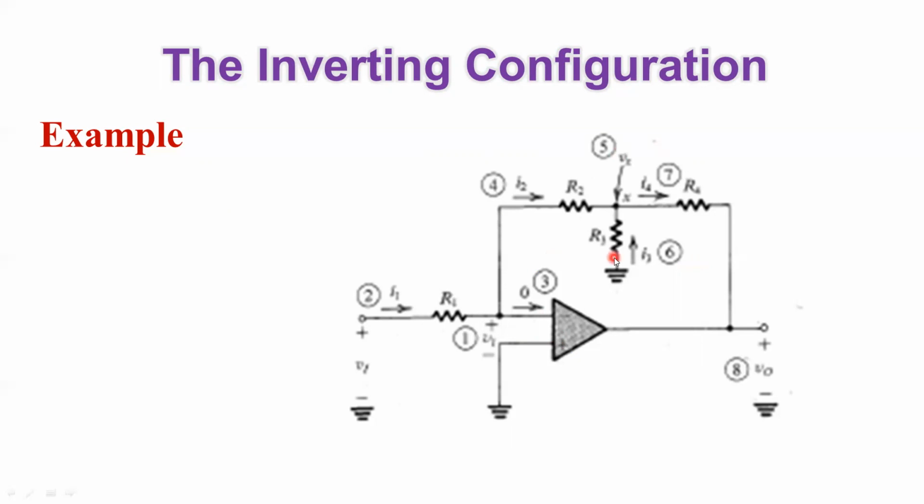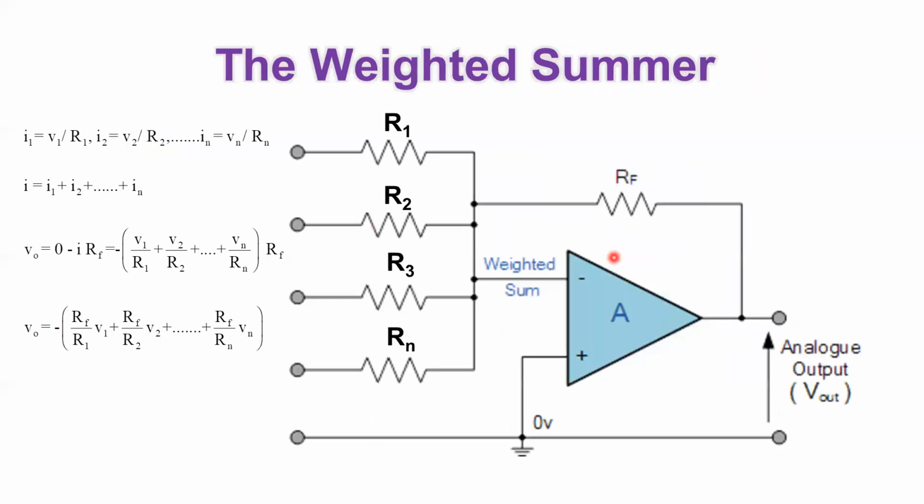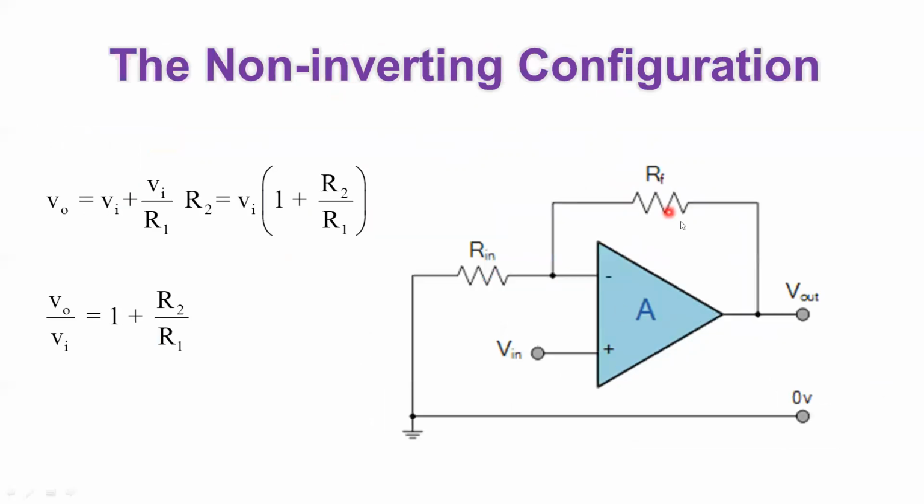So this is what we will do first. Then we will solve another circuit, called the weighted summer operational amplifier. And finally, we will go to the non-inverting configuration, where the input is connected to the non-inverting terminal, not to the inverting terminal.